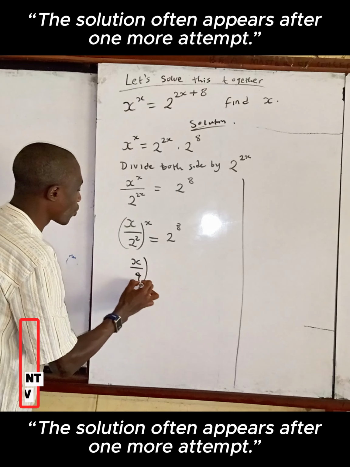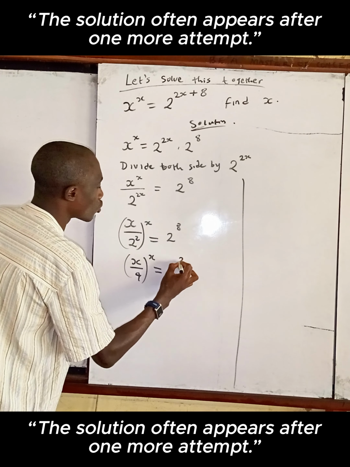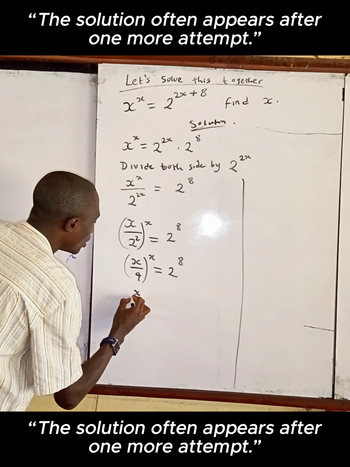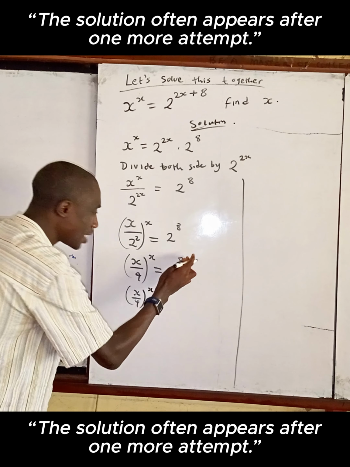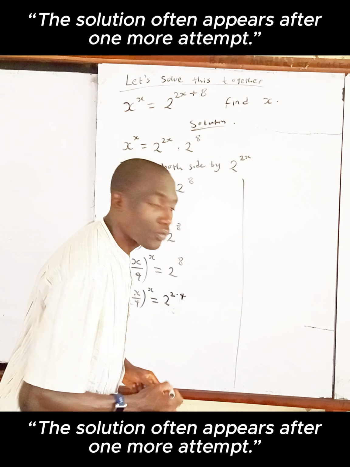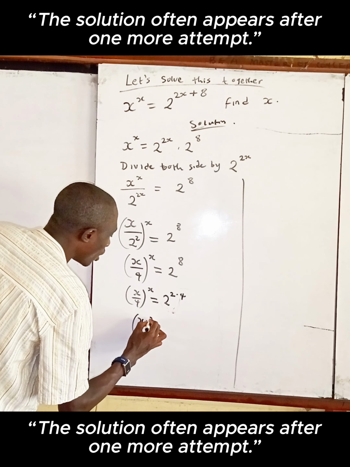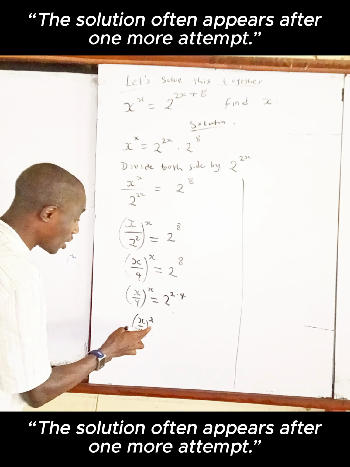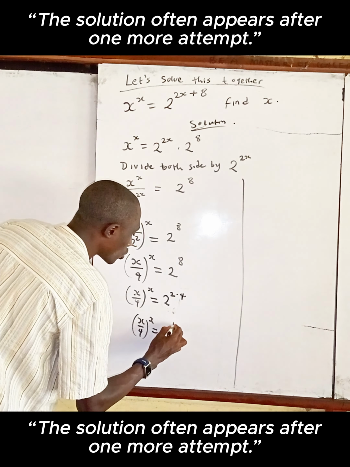So we have x divided by 4 raised to power x is equal to 2 raised to power 8. I can write it as 2 raised to power 2 multiplied by 4. So I have x raised to power 4, all raised to power x divided by 4, is equal to 4 raised to power 4.